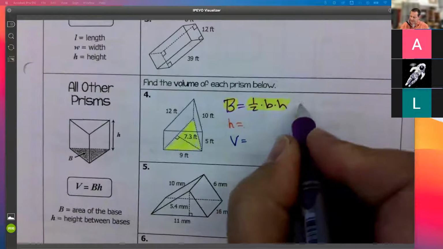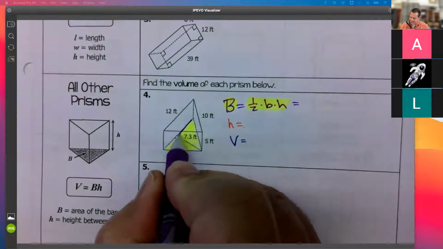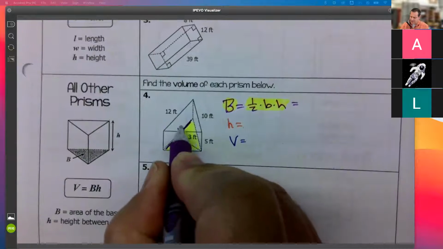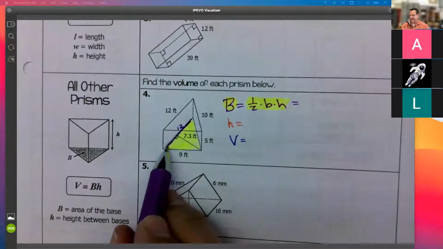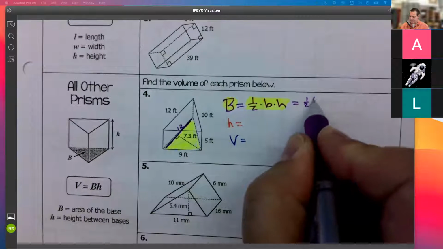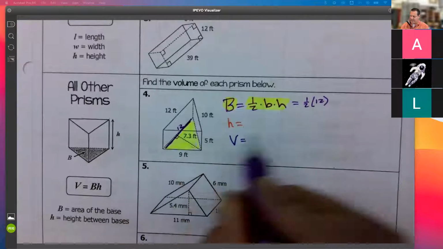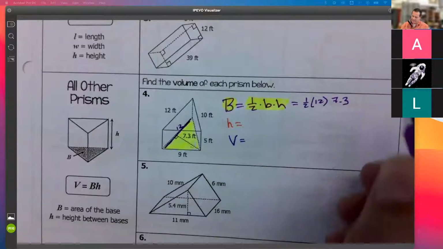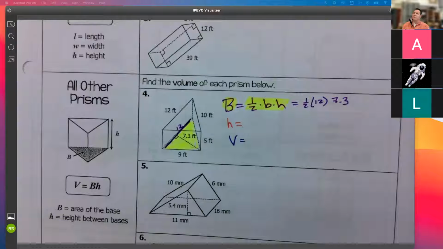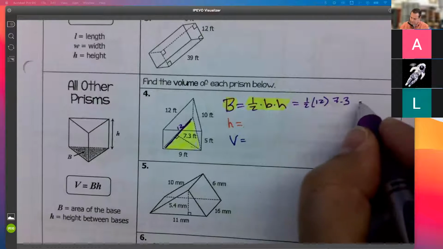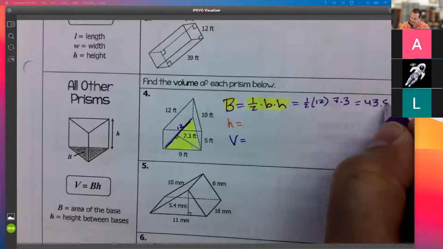So when I'm looking for the base and the height, I'm looking for something that has to do with this two-dimensional figure, this base of 12 times its associated height, because it makes a right angle. So 1/2 of 12 times 7.3, which is 43.8.